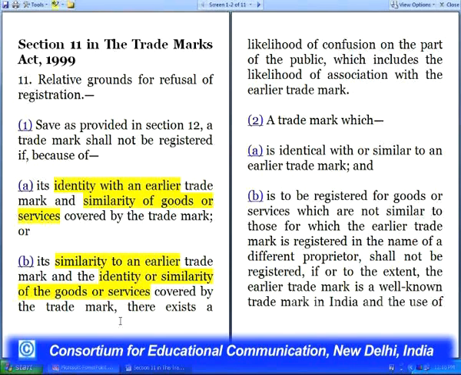As these are the relative grounds for the refusal of registration, I told you in the very beginning that the later user's trademark has to be compared with the earlier user's trademark. And when it has to be related with the earlier user's trademark, what is to be seen?